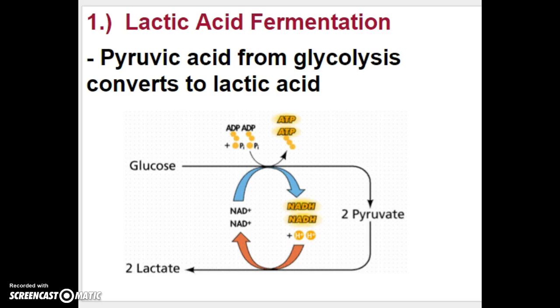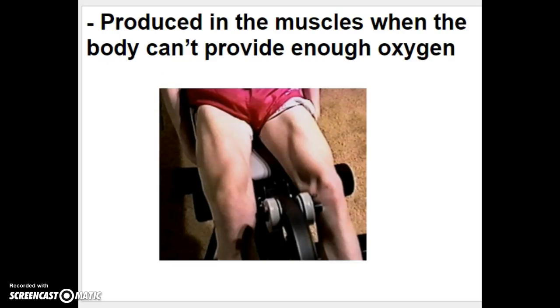Sometimes when you are working out or exercising, you feel that burn in your muscles, yes? That burn is because your muscles can't get enough oxygen to perform correctly. So your muscles are producing that lactic acid when they can't get enough oxygen.